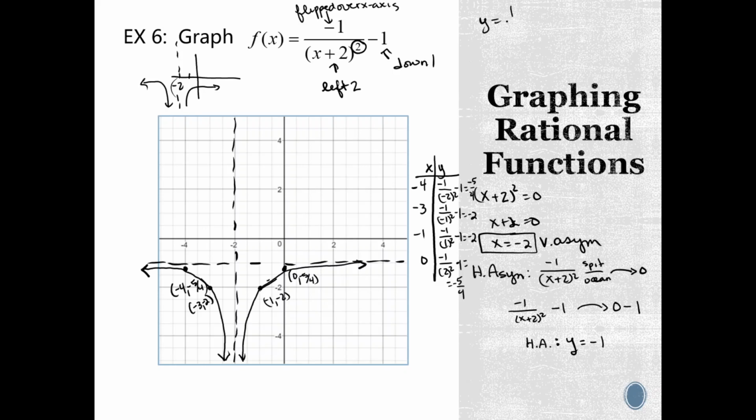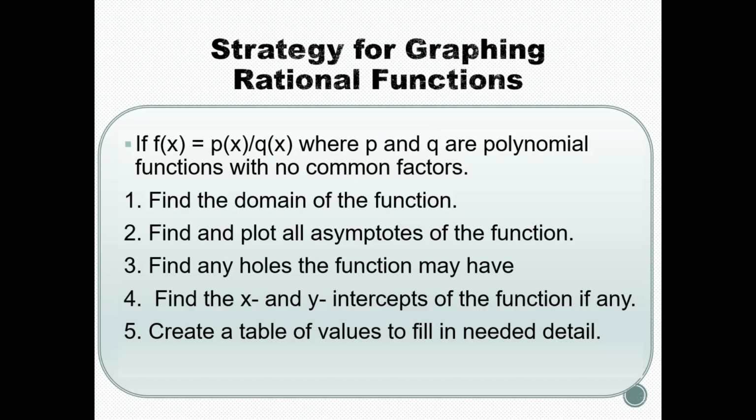Remember, y equals 1 over x squared was the base function, and it looks like this. Okay, let's do one more. But let's talk about just general strategies. Now that we've done 2 of these, the first thing we want to do is find the domain and plot the asymptotes.